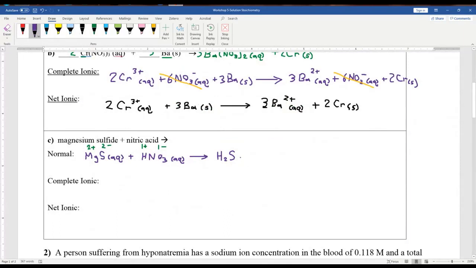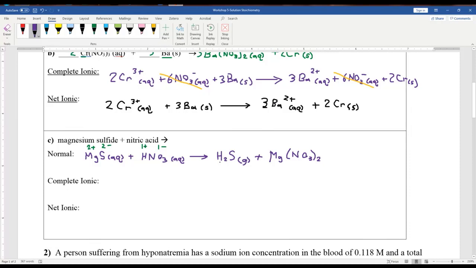So we're going to put a little gas here. And what else is going to form? You said magnesium nitrate. What's the formula for that? MgNO3 2. Yeah. Okay, well, there it is. Is it balanced?